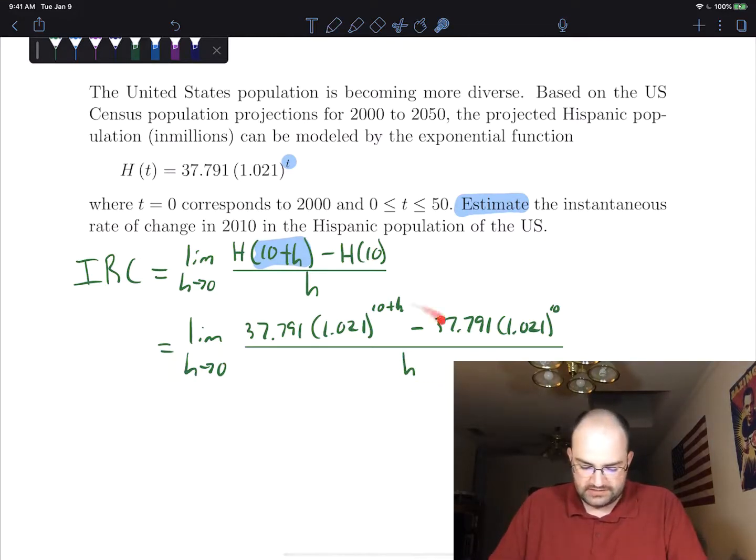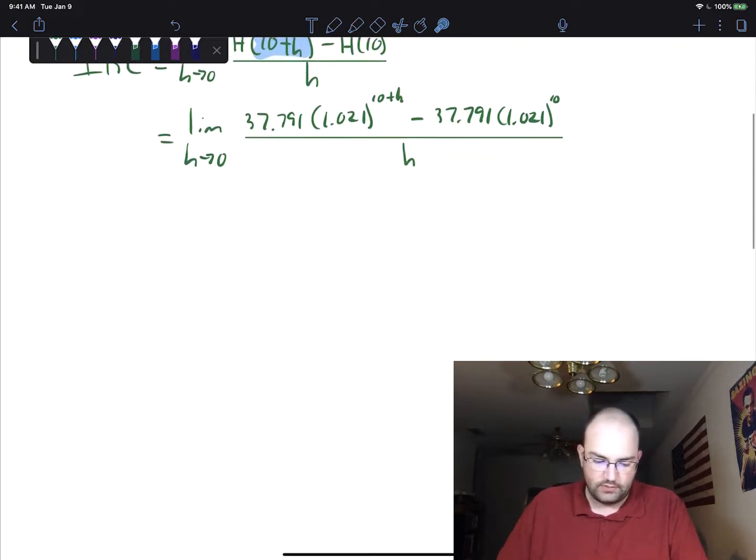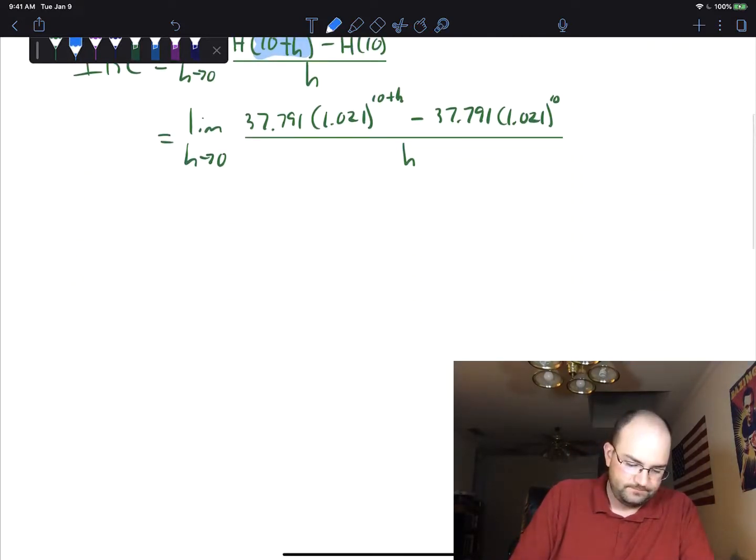If you look at this, notice that this h is actually the variable that we're looking at here. So we're going to go to the calculator, type this in as a function, and look at what happens as h goes to 0 in both directions. What this means is that we need a table.